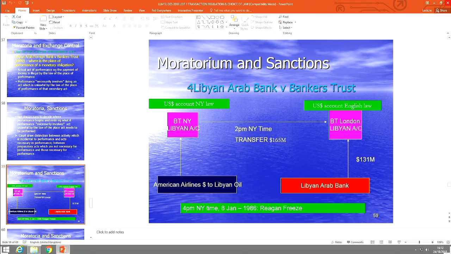At 4 p.m. New York time, 8th January, President Reagan imposed an immediate freeze, effective 4 p.m., as it was announced, on all Libyan assets and all Libyan accounts within the United States of America, and all Libyan assets and Libyan bank accounts globally, held by US banks, i.e. no payments, no movement of funds lying to the account of Libyans with US banks, whether in New York, whether in London, whether in Singapore, or wherever, could be transferred to the account holder, namely the Libyan Arab Bank.